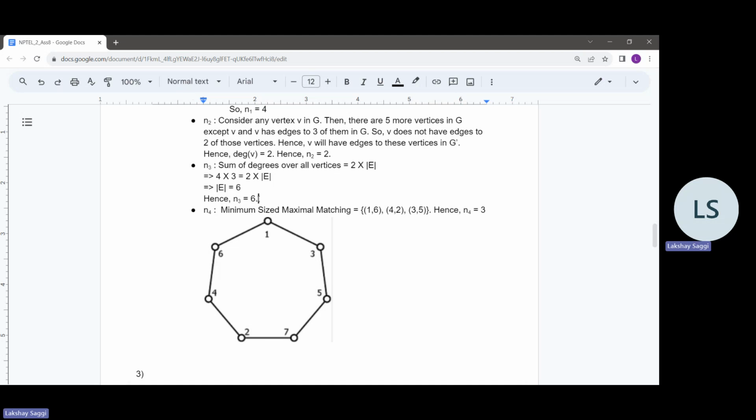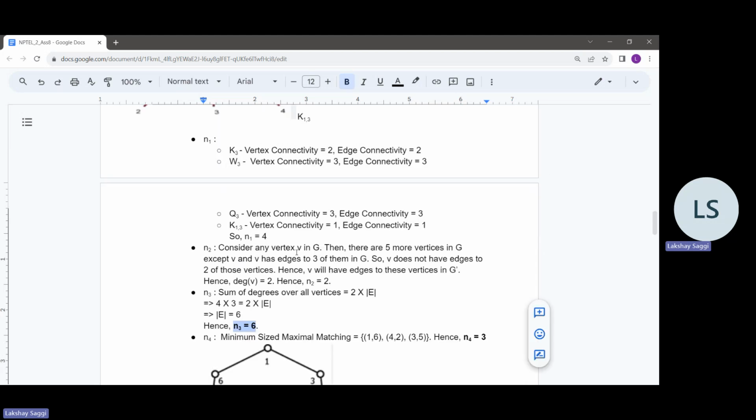So we obtained that N3 was 6. Let's bold these. N3 was 6, N4 was 3, N2 was 2, and N1 was 4. So from here, what do we obtain? The value of N1, N2, N3, and N4.